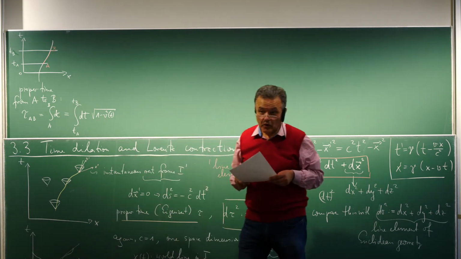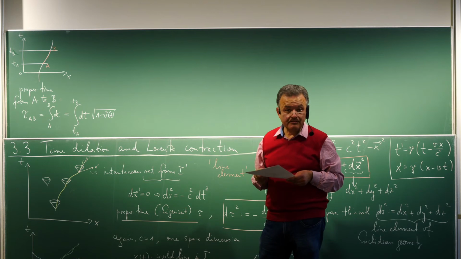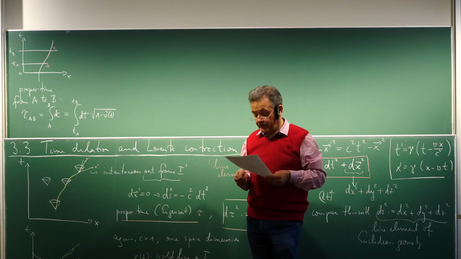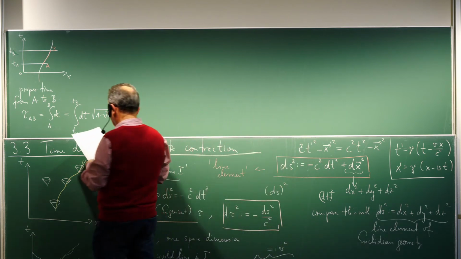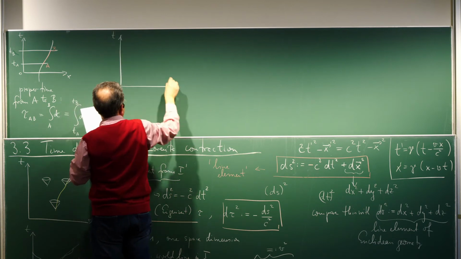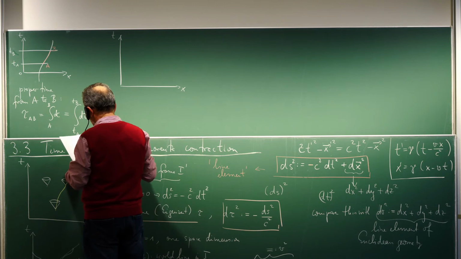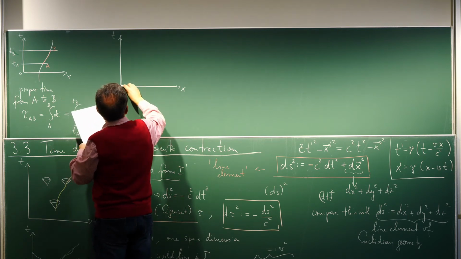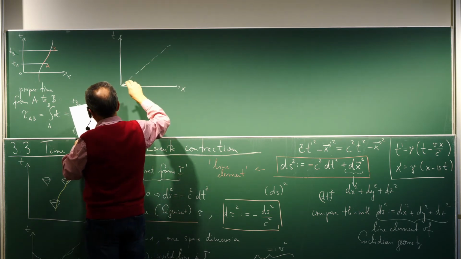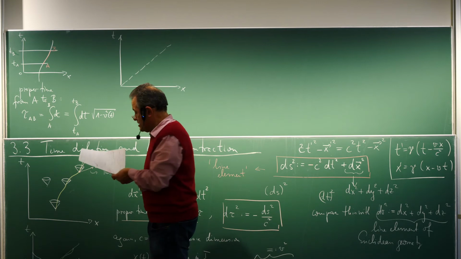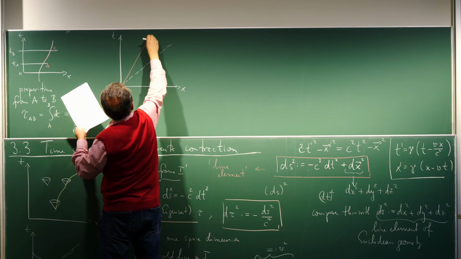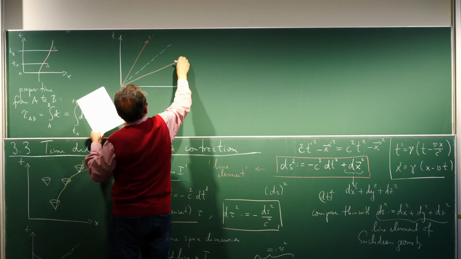Now let me go again to a space-time diagram, and let me explain to you the reciprocal nature of time dilation. So let us go to a diagram t-x, which of course is addressed in inertial system I. So here again is the light propagation, and so let us consider a moving inertial system t prime and x prime.